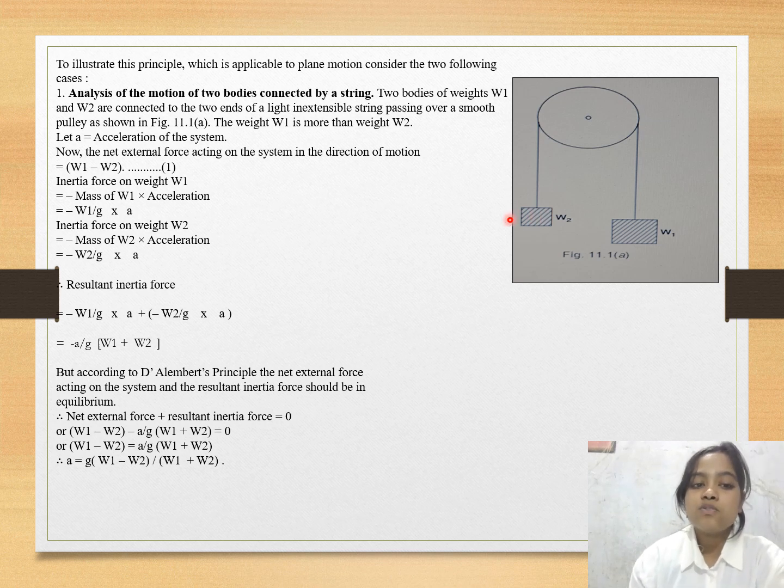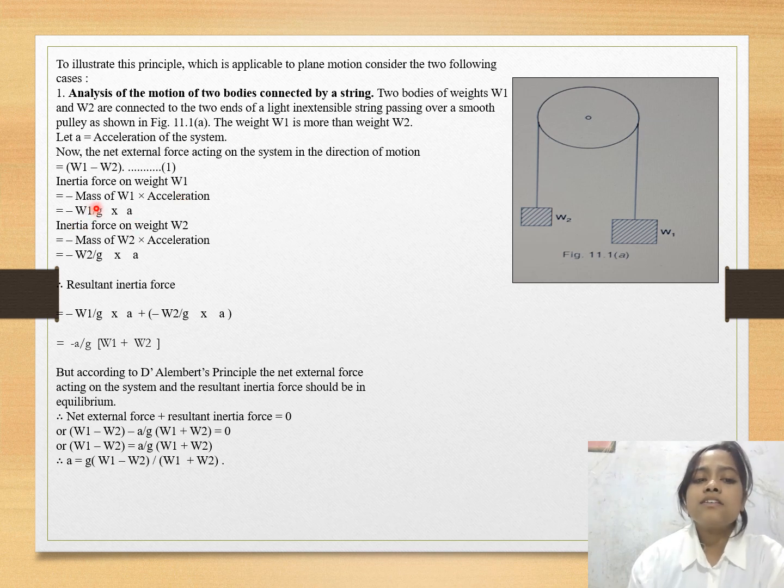Let a be the acceleration of the system. The external force acting on the system in the direction of motion is W1 minus W2, since this one is bigger. We know that the inertial force is mass into acceleration.